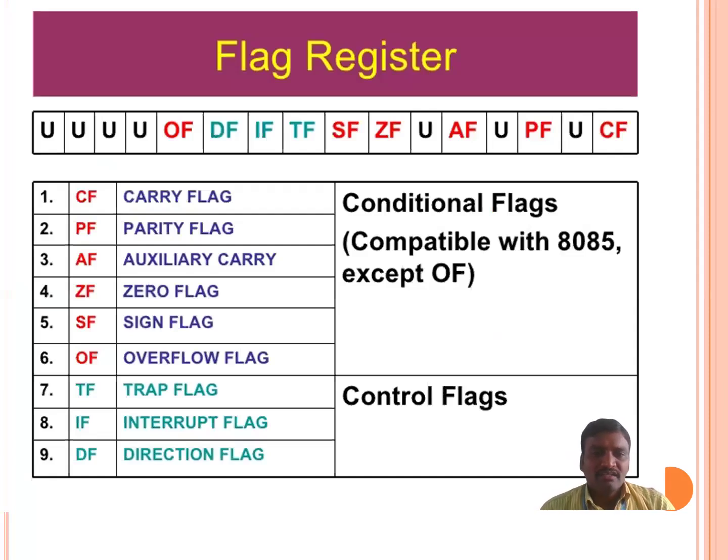In that, the first one is the trap flag. What is meant by the trap flag? When the processor enters into single step execution, this trap flag is set to 1. Suppose you take a small program consisting of 5 lines.